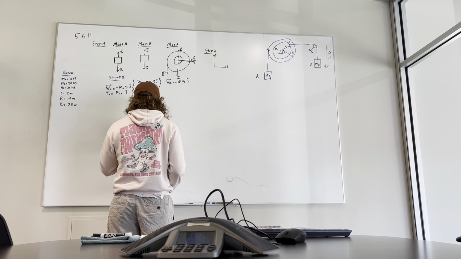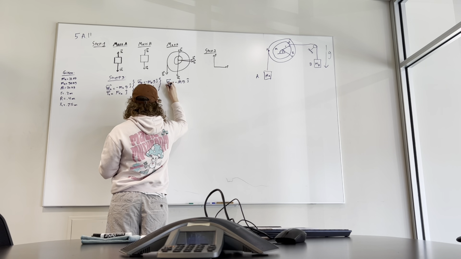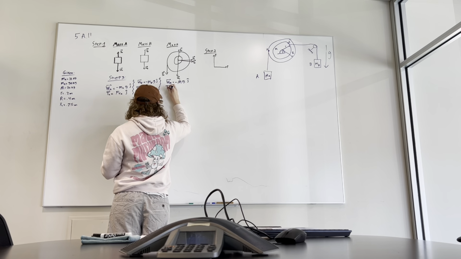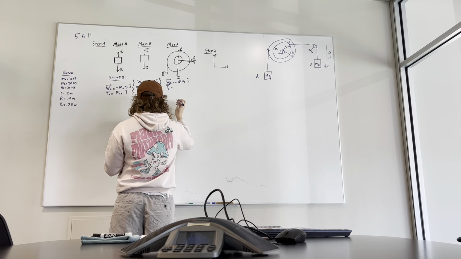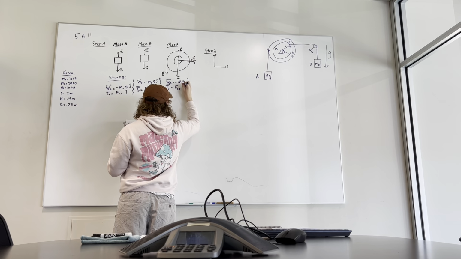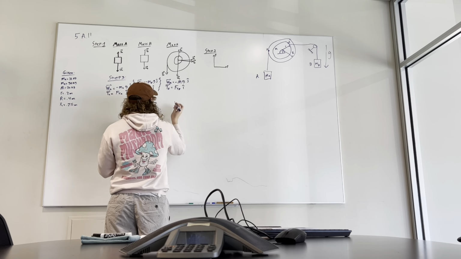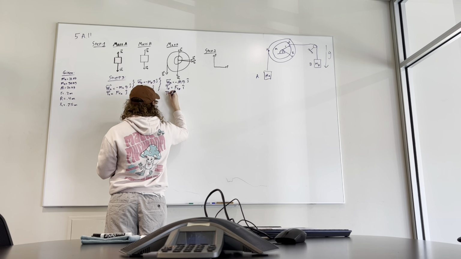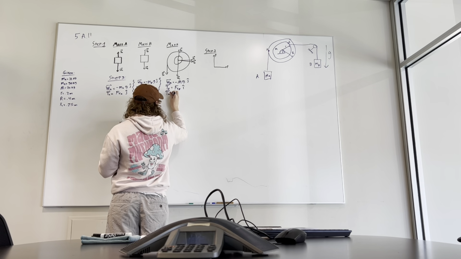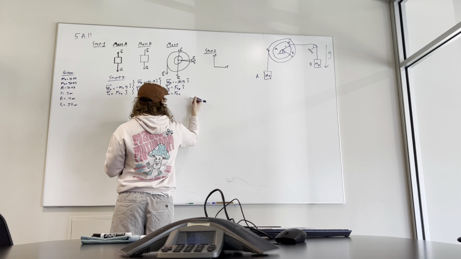And then we have the force in tension at B. That would be TB, which is equal to FTB, in the I direction, that is to here. Then we have the tension in A, so TA is equal to FTA in the J direction.